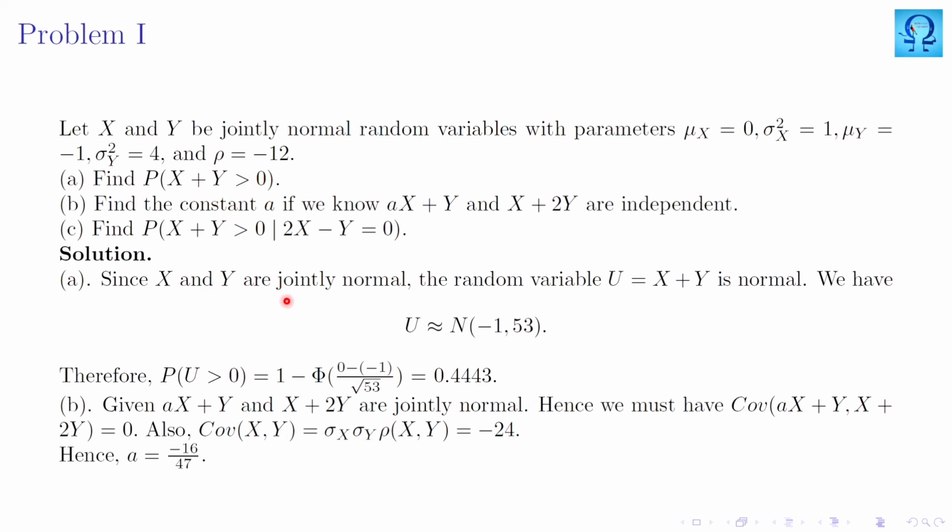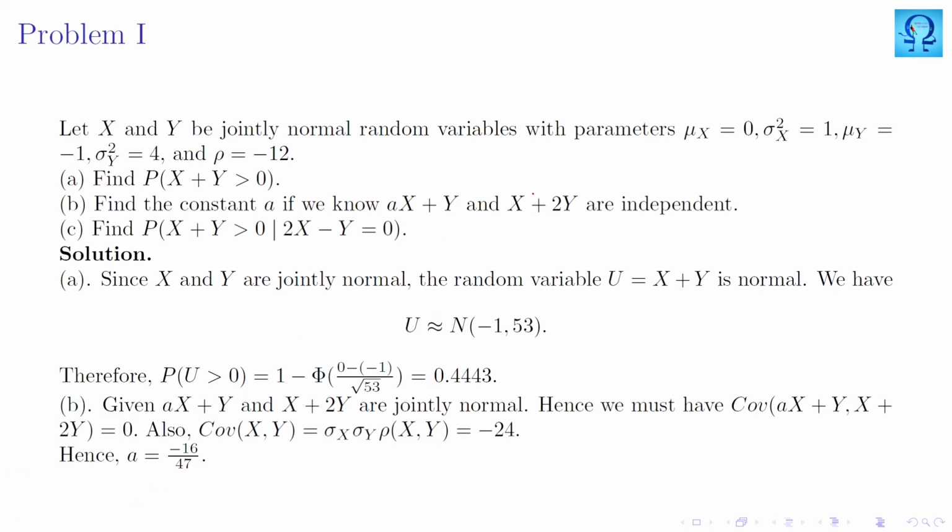Since x and y are normal, x plus y is also normal. Okay, then we need to calculate the mean and variance of this one. How are we going to calculate it?